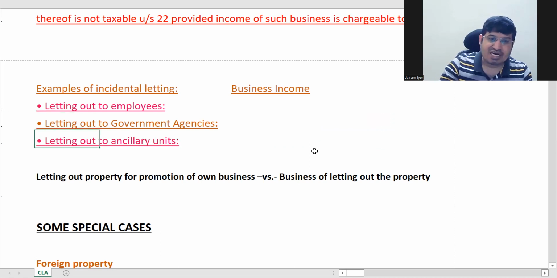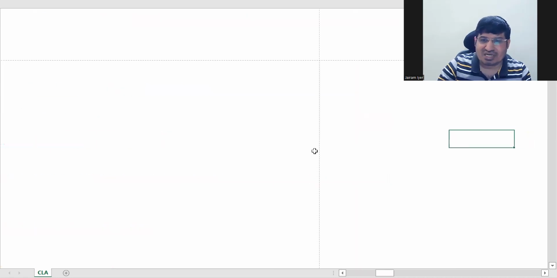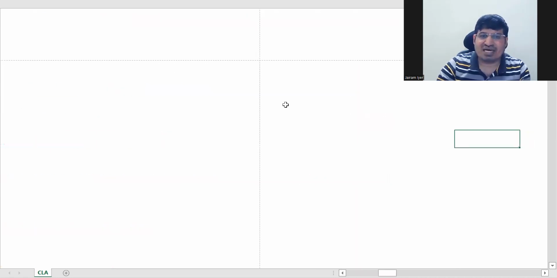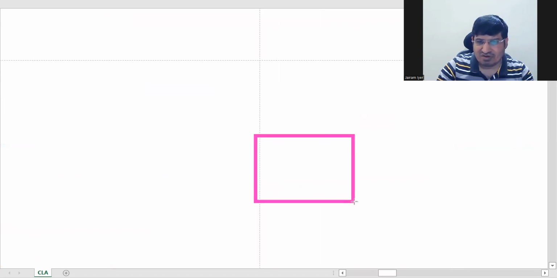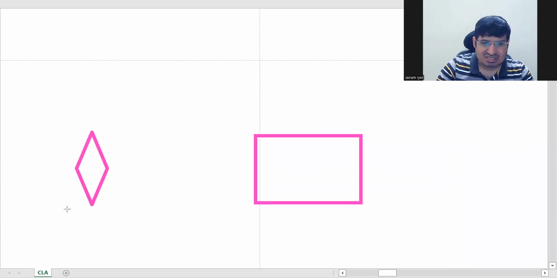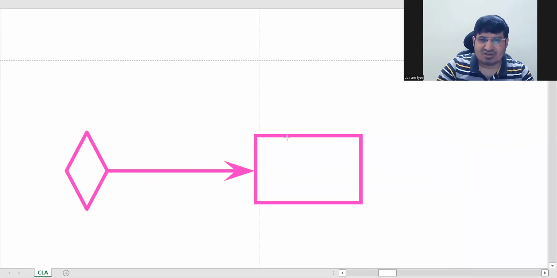Letting to ancillary units. See, an ancillary unit means, now if this is my manufacturing organization, and this is some company from where I have to purchase my raw material. So here I am purchasing raw material from this company.